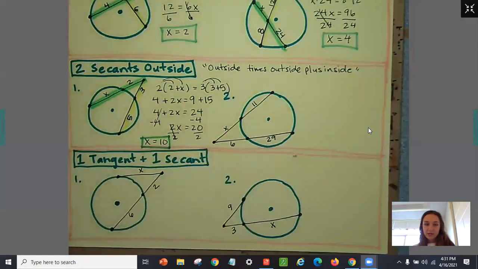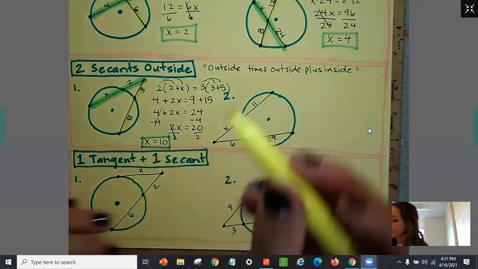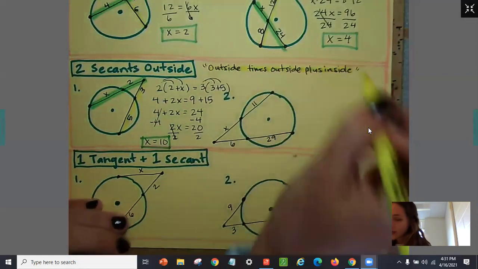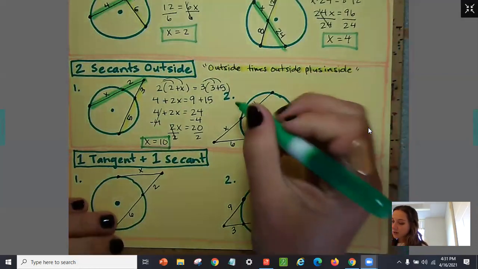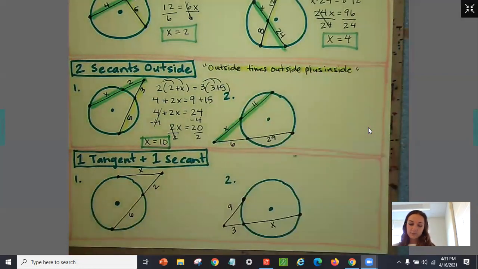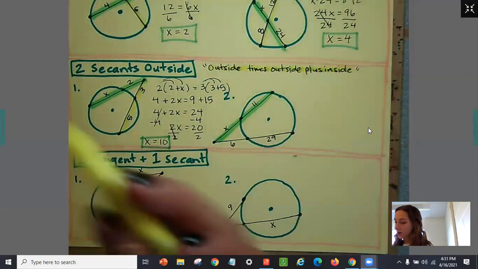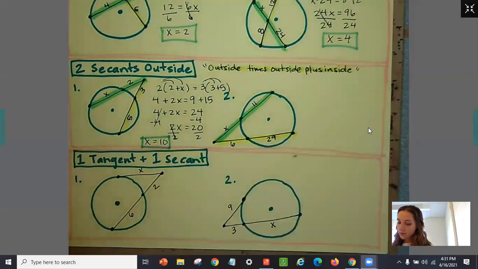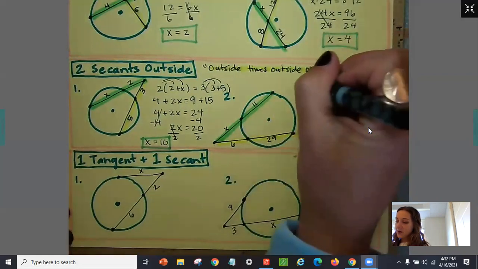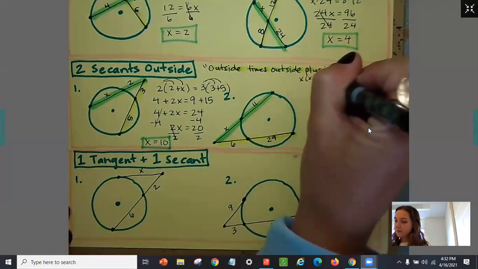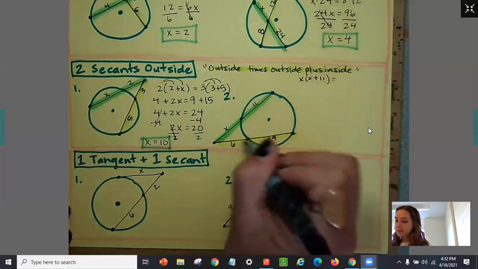Okay, let's look at our next scenario. And again, we're just going to be doing outside times outside plus inside. So these two guys are on the same line, and so are these. So let's do this one. Outside times outside plus inside. So x times x plus 11 equals outside times outside plus inside.